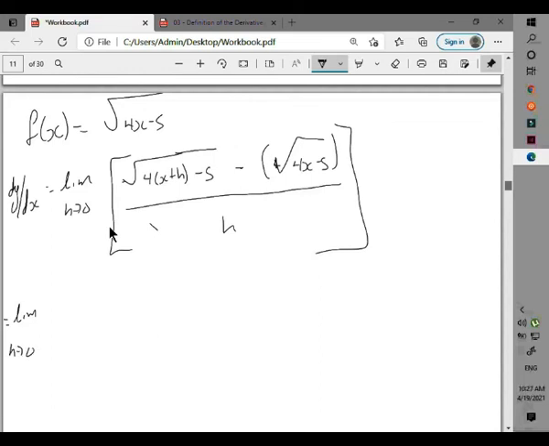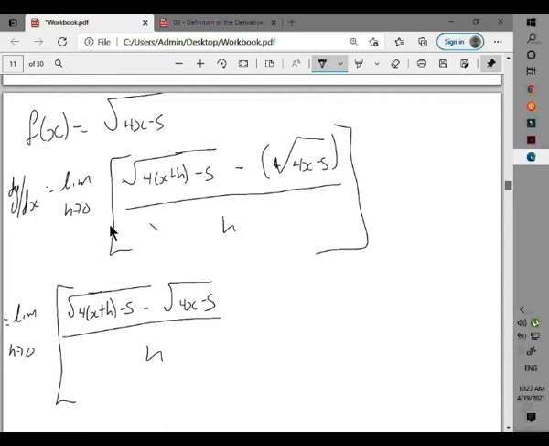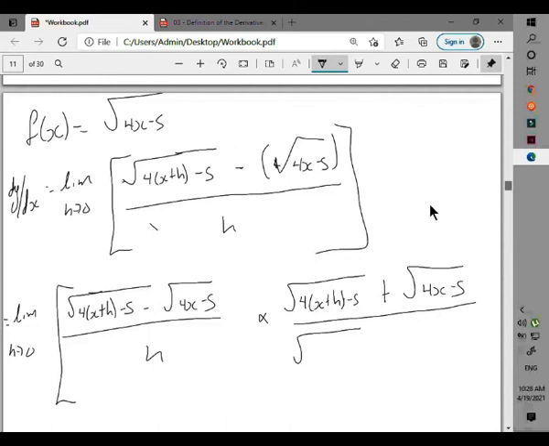Limit as h approaches 0 of the root of 4 open bracket x plus h minus 5 minus the root of 4x minus 5 being divided by h, which is now multiplied by the root of 4 open bracket x plus h close bracket minus 5 plus, now there's a conjugate, the root of 4x minus 5, all being divided by the root of 4 open bracket x plus h minus 5 plus the root of 4x minus 5.